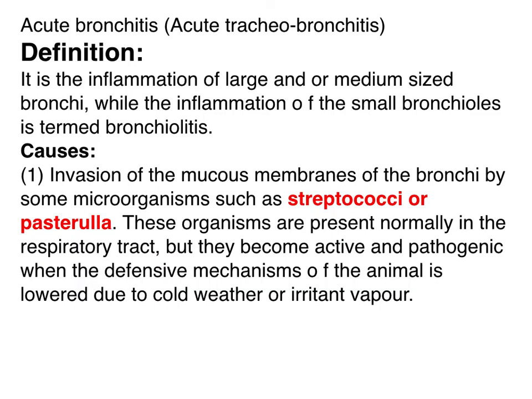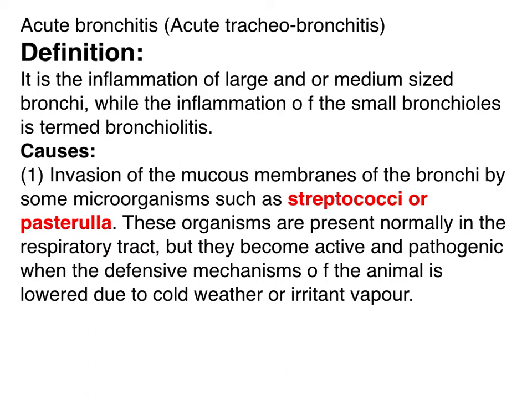So the first disease of the bronchi is acute bronchitis, or what we call acute tracheobronchitis, يعني التهاب القصبات والقصيبات. Definition: it is the inflammation of large and/or medium-sized bronchi, while the inflammation of the small bronchioles is termed bronchiolitis.